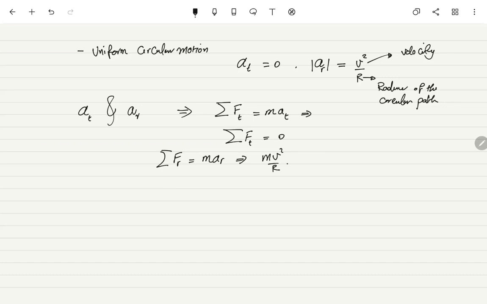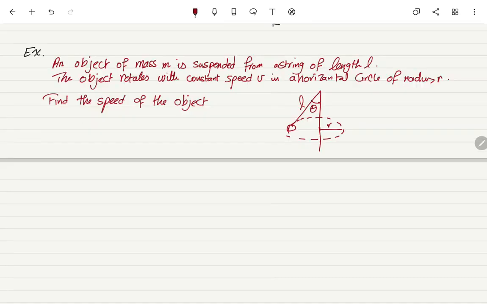Let's have an example. In this example, an object of mass m is suspended from a string of length L. The object rotates with constant speed v in a horizontal circle of radius r. Find the speed of the object. Before going further in this example, let's have this model.